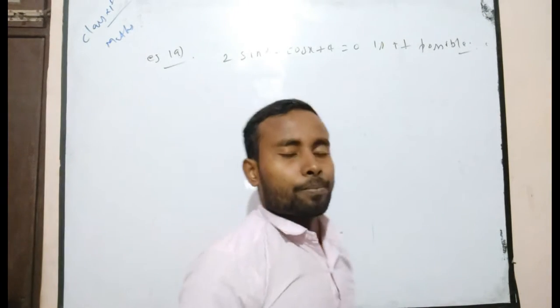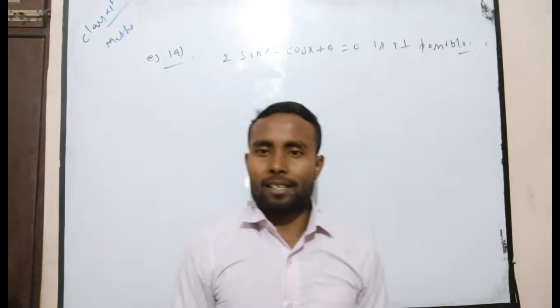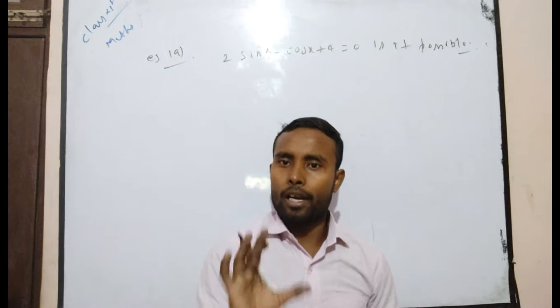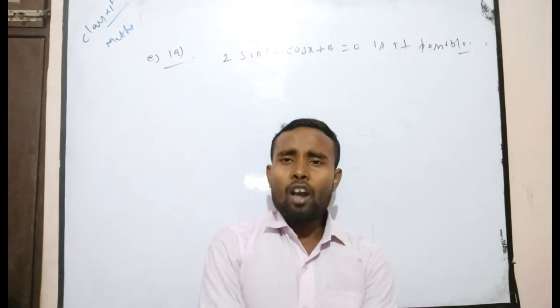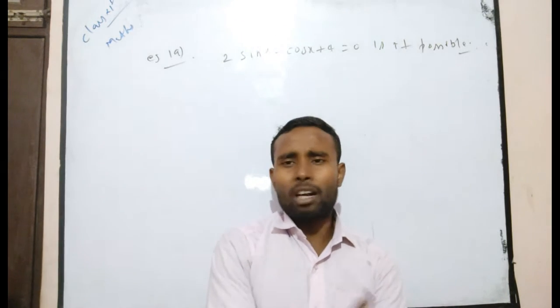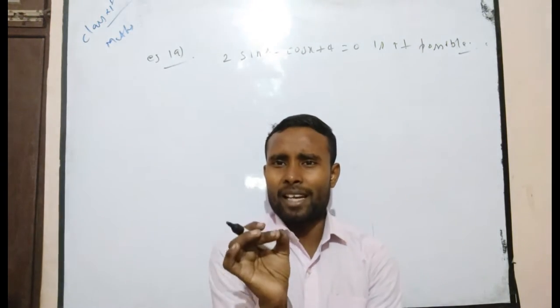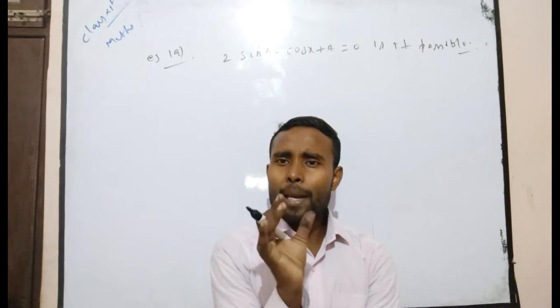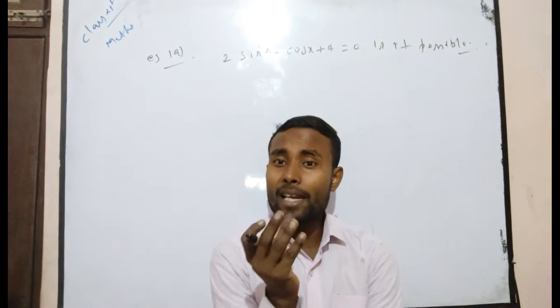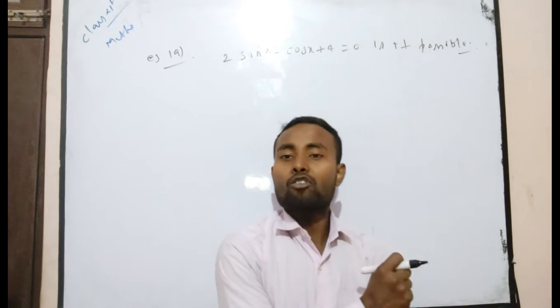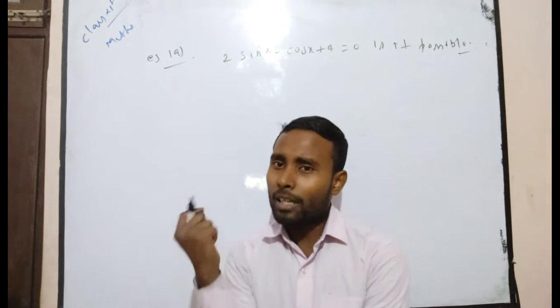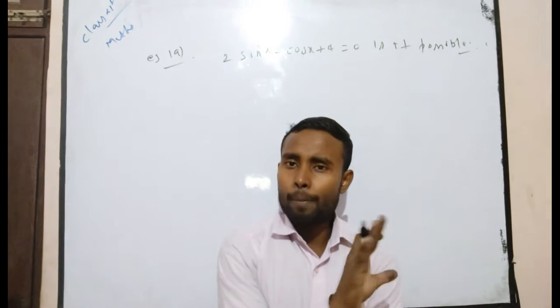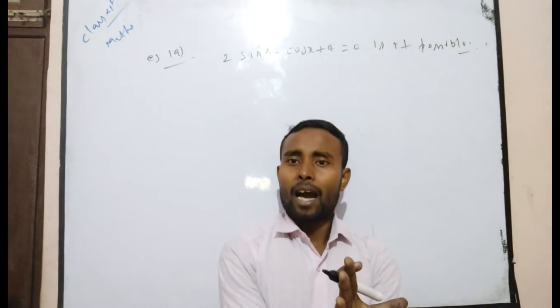As you know that the domain of sin x is all real numbers. In the previous class I have already discussed that domain means how many values or elements of the real numbers you can put in sin x without taking any undefined point.